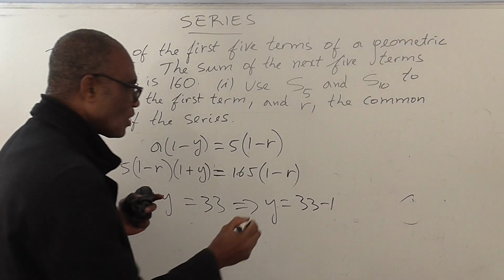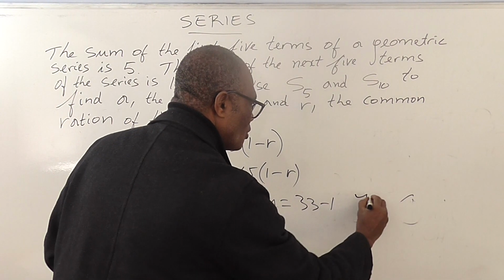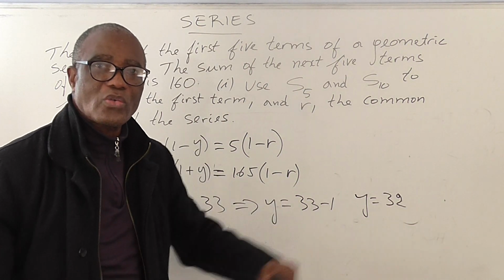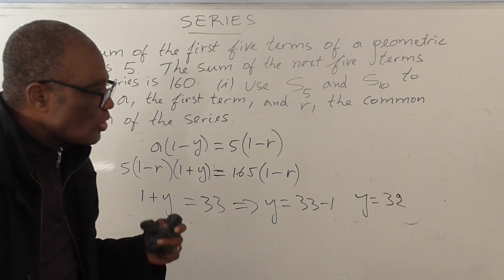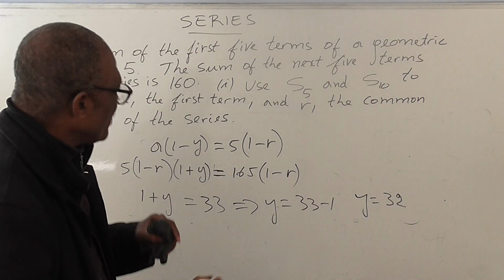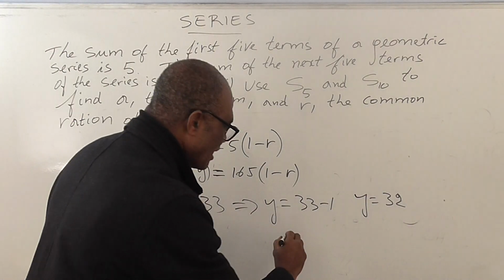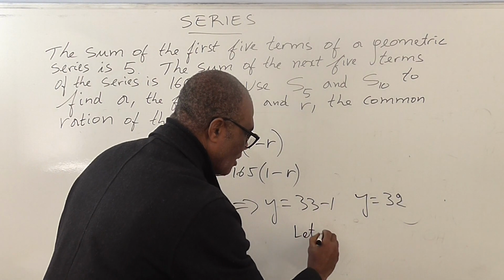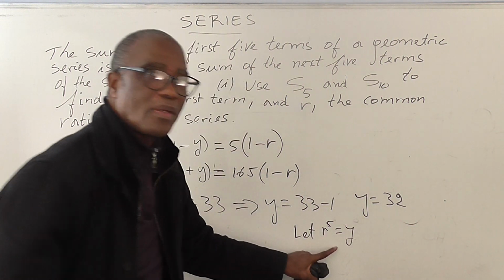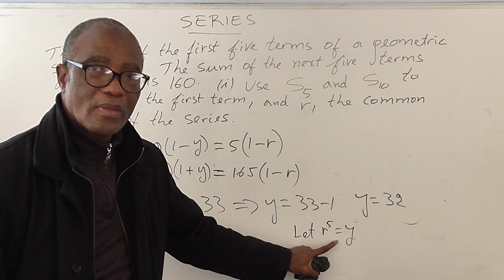Okay, and y is equal to what? Y is equal to 32. Because y is equal to 32, remember, we said when we started, let r to the power 5 be equal to y.